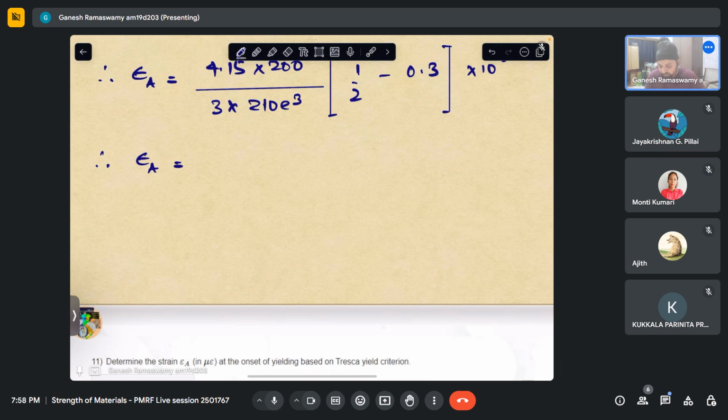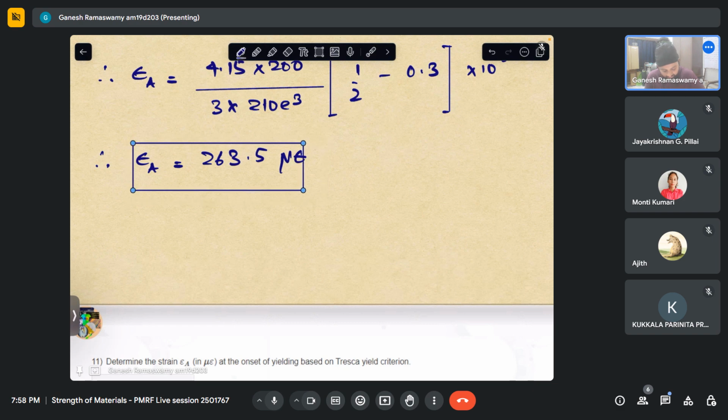So if our theories are correct, or rather close, then we will be able to see that at the onset of yielding, as we define it, at that pressure, our strain gauge will actually be reading 263.5 microstrain, which will never happen, actually speaking. It will be off by some amount because of the many approximations that have gone in.